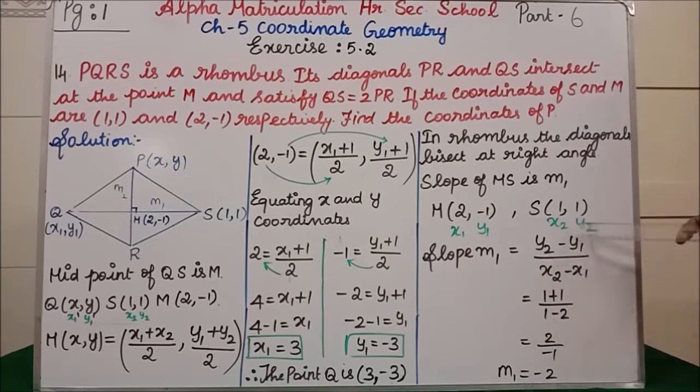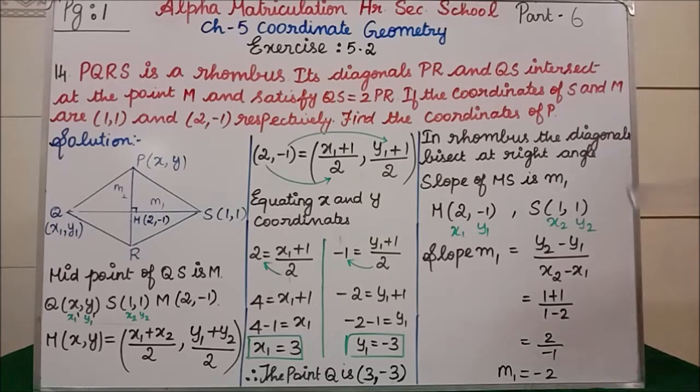Y2 value is 1. Y1 value is minus, minus, so it becomes plus 1, divided by x2 value 1 minus x1 value 2, so 1 minus 2. 1 plus 1 is 2 divided by 1 minus 2 which is minus 1. So 2 divided by minus 1 is minus 2.